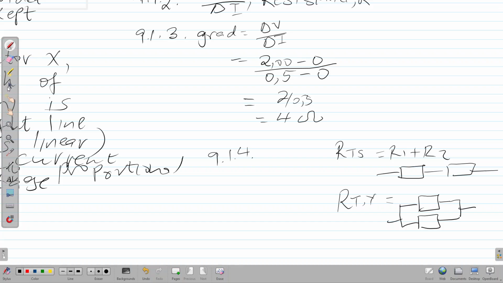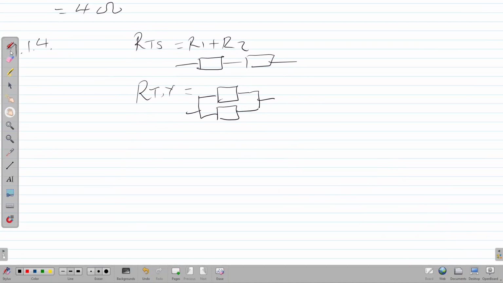What we know from theory is that the total resistance of a series combination is bigger than the total resistance of the parallel combination.